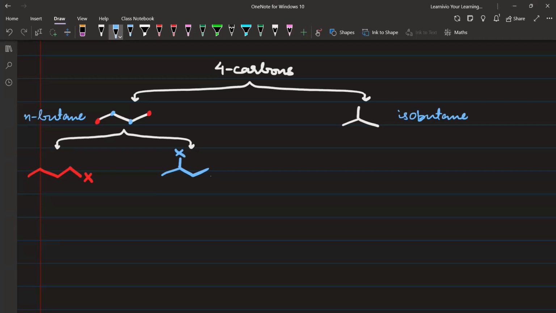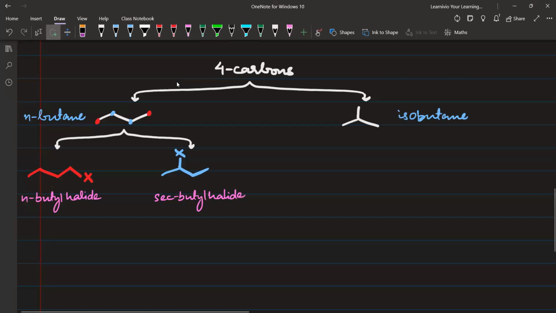The name of this is n-butyl halide. The name of this one is sec-butyl halide, from the second-degree carbon.